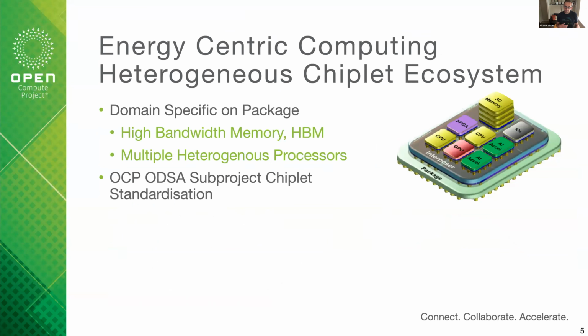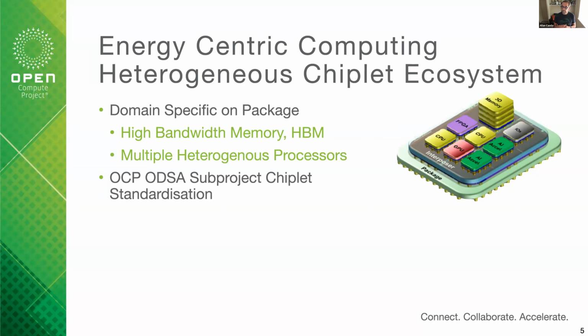But we're taking a leaf out of that book, heterogeneous domain specific architectures, and we're doing domain specific on package with chiplets. High bandwidth memory is probably the most successful integration of chiplets into a package with processors, but everybody's looking towards multiple heterogeneous processors in a similar way to what Apple have done. But these are done at the chiplet level, so you can mix and match for your particular application for the most efficient implementation.